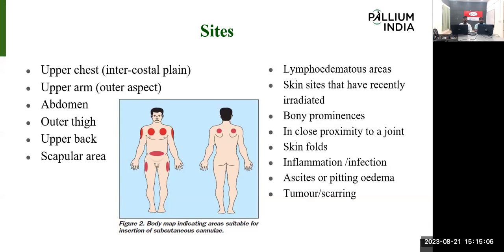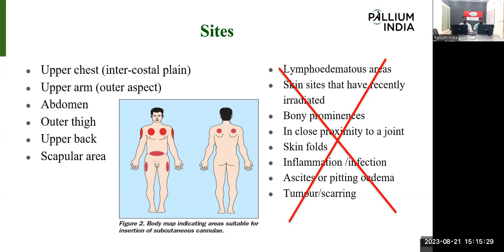Then there are some sites where we cannot give subcutaneous injections. First one, lymphedema. For example, in CA breast, the affected side may have lymphedema in the upper arm. If lymphedema is already there, we can't give the injection subcutaneously in that same arm because there will be no absorption.